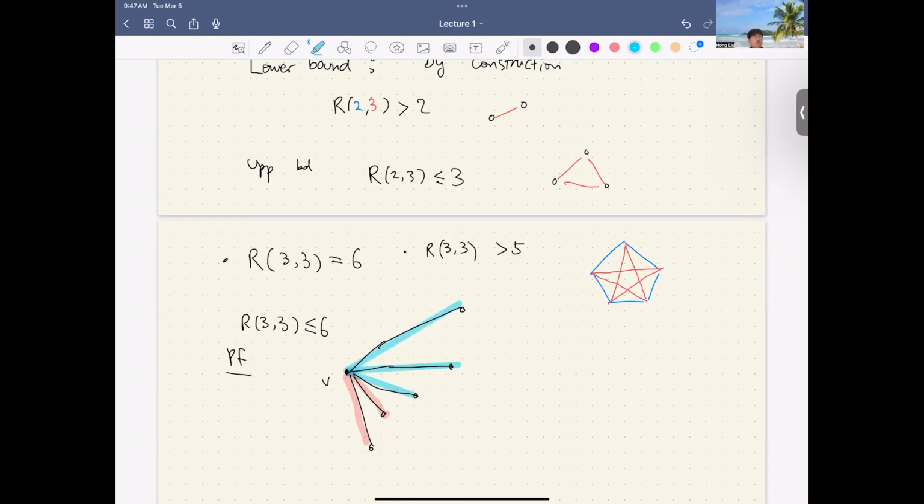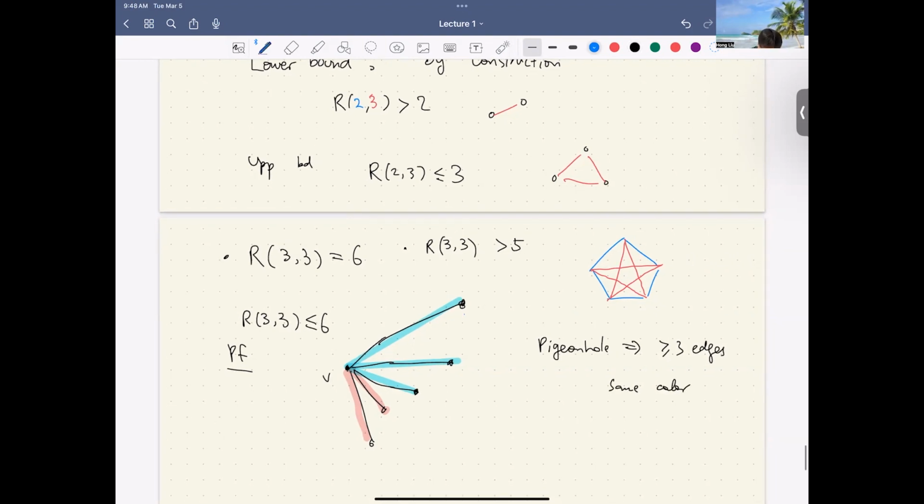But you have 5 edges and 2 different colors. By pigeonhole, some color appears at least 3 times, so at least 3 edges of the same color. Now what happens? We cannot have blue edges between any pair of these 3 vertices, otherwise you get a blue triangle. So that means we must have red edges between all of them, but that forces a red triangle. That's it.